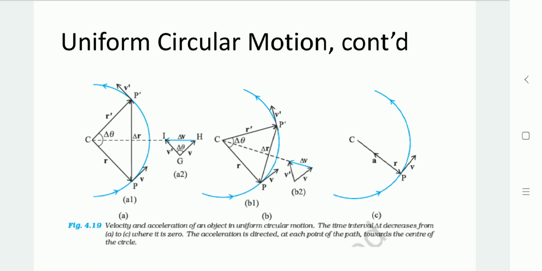Now if delta t is 0, at that point we have the velocity component, and in the opposite direction, at 90 degrees to it, we have the acceleration component. So the change in velocity gives you the acceleration.